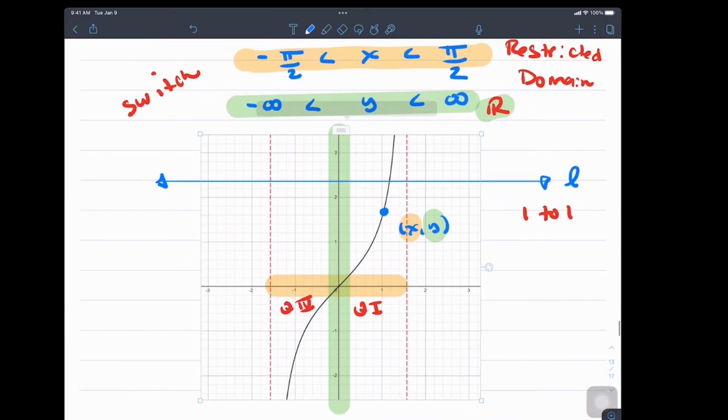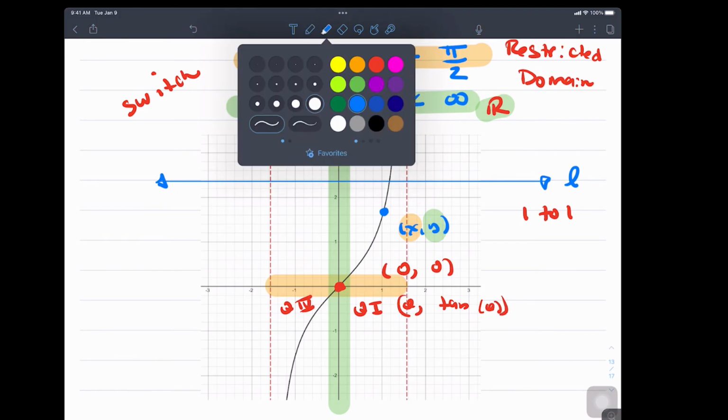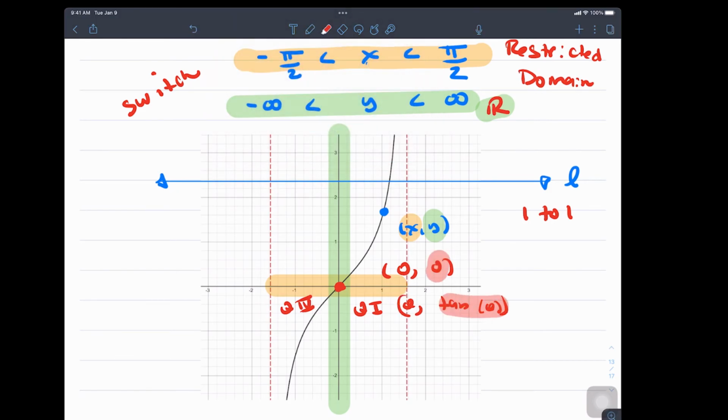Okay, tangent curve is right here. 0, 0. So this first angle is theta, and this is tangent theta. So if you're saying tangent theta is 0, that happens when theta is what? 0, because that's the point 0, 0.